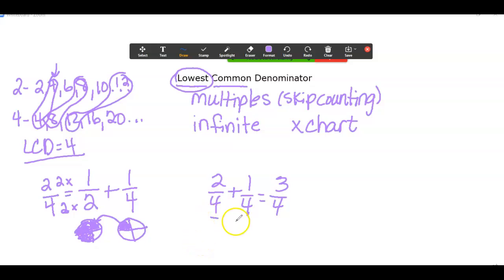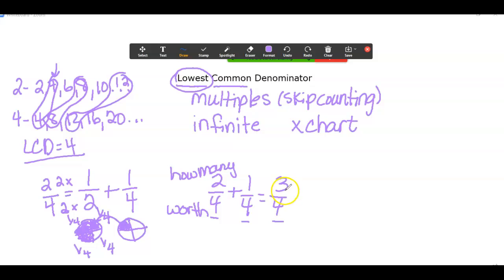Remember that the denominator tells me what each piece is worth. It tells me that every piece in this pizza is a fourth. This is a fourth, this is a fourth, this is a fourth, and this is a fourth. The numerator tells me how many pieces. In the first picture I had 2 pieces. In this picture I had 1. So when I add it together, now I have 3 pieces.